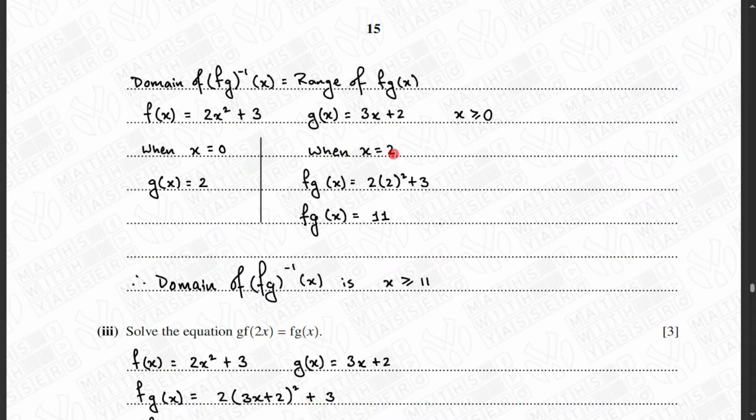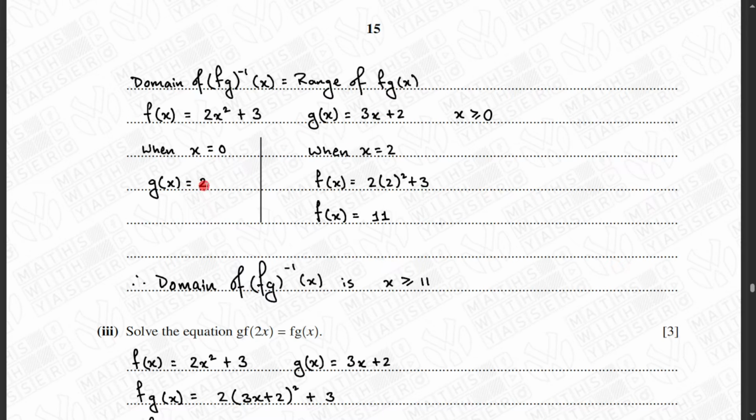So when x is equal to 2, we need to substitute this into the equation of fg of x. And fg of x should be 2 within brackets 2 square plus 3. So there was an error in the writing of the function, which I have just fixed. So as I was saying, g of x is equal to 2 when x is equal to 0.